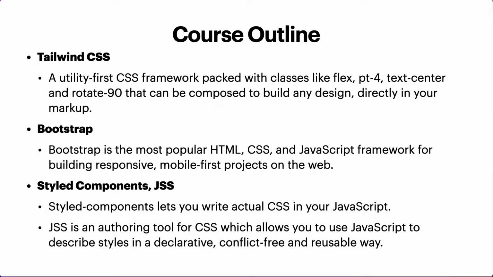With styled components you create a component and then apply styles to that specific component. On the other hand, JSS is also called CSS in JavaScript, which allows you to write your styles in JavaScript, and then you can apply those styles to other components.